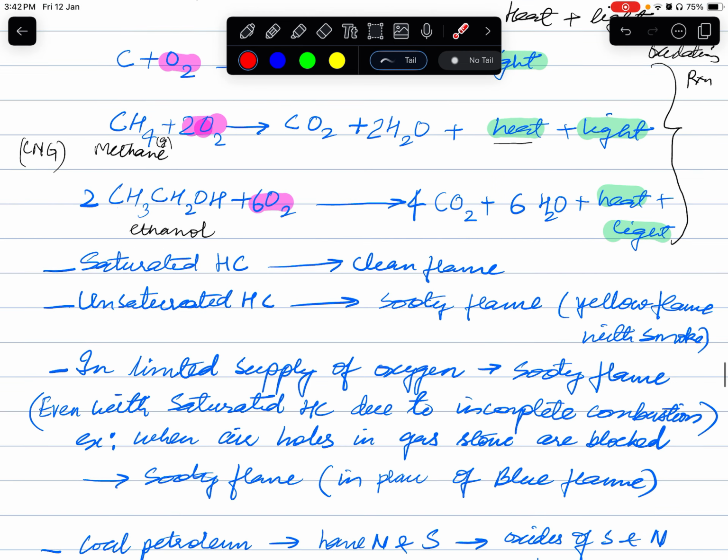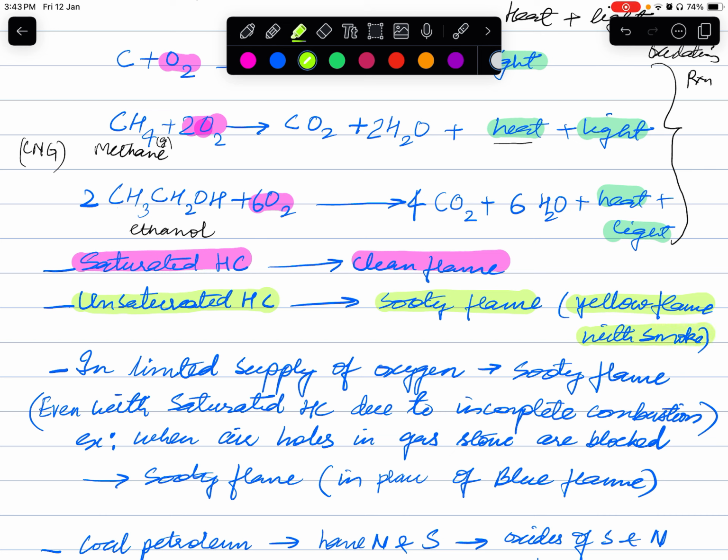When any saturated hydrocarbon undergoes combustion, we get a clean flame. Clean flame means there is no smoke. And it is a bit transparent or translucent in nature. But if any unsaturated hydrocarbon undergoes combustion, we get a sooty flame. Sooty flame is that it is a very bright yellowish flame with lots of smoke.